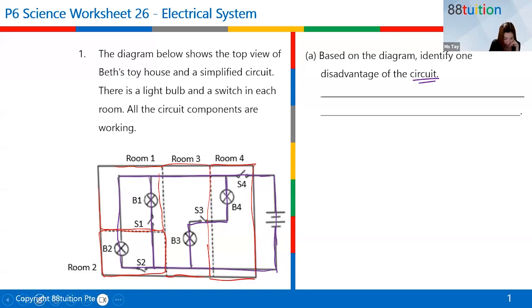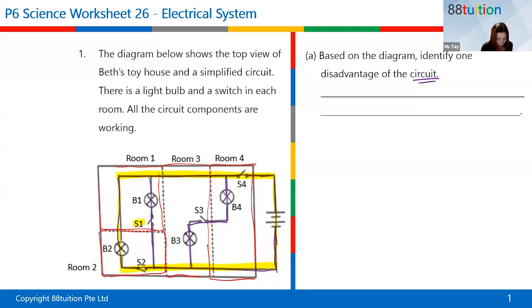For example, I use the highlighter, let's say room 1. So in room 1, I would naturally turn on the switch in room 1, isn't it? But if I don't turn on the switch called S4, electricity cannot flow. Room 1 cannot light up. The lamp in room 1 will not be able to light up.